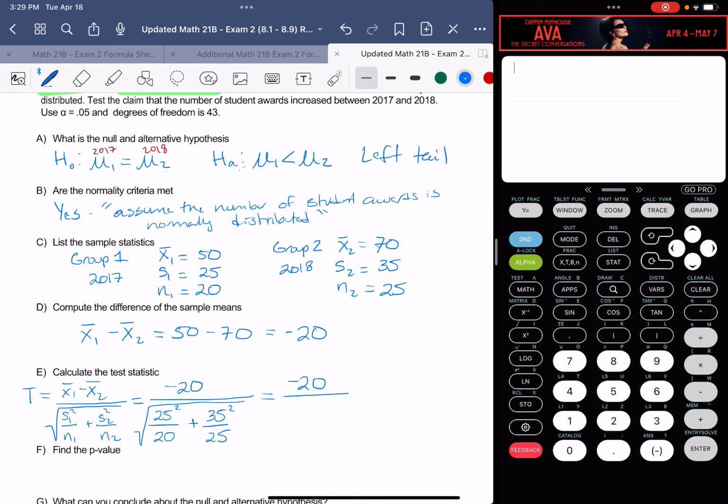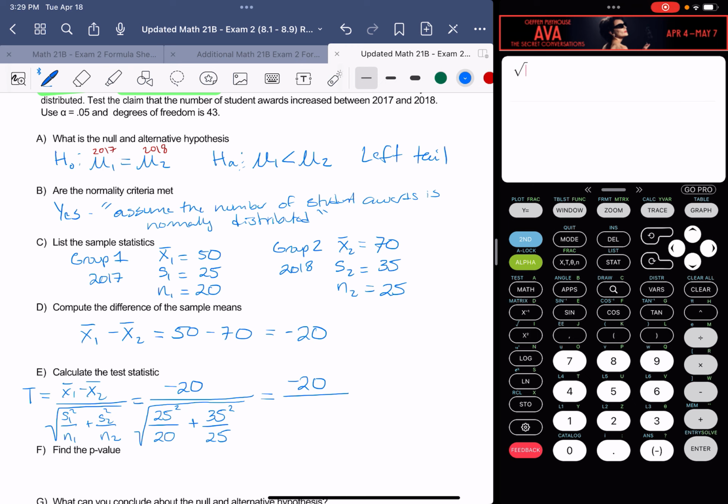So the square root of 25 squared over 20 plus another fraction, 35 squared over 25. And that, to 3 decimal places, is 8.958.